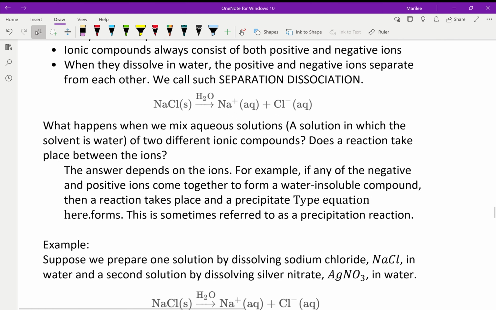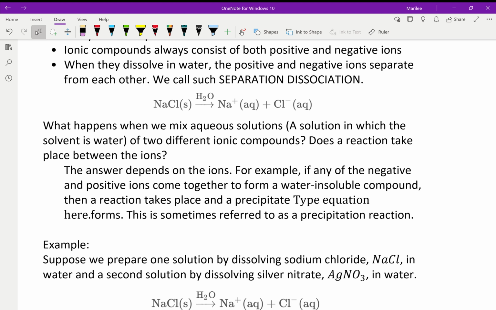What happens when we mix aqueous solutions, a solution in which the solvent is water, of 2 different ionic compounds? Does a reaction take place between the ions? The answer really depends on the ion.